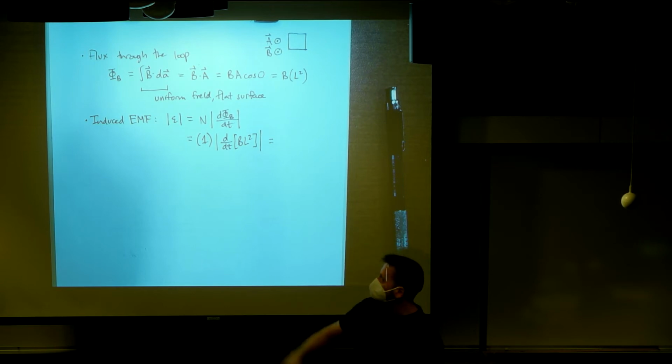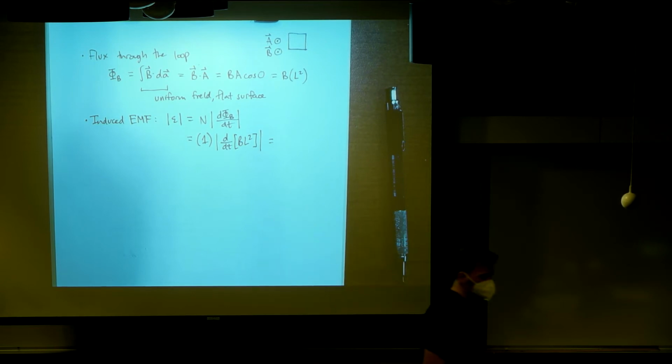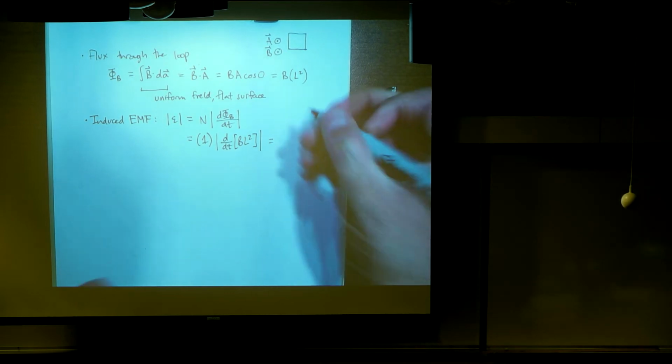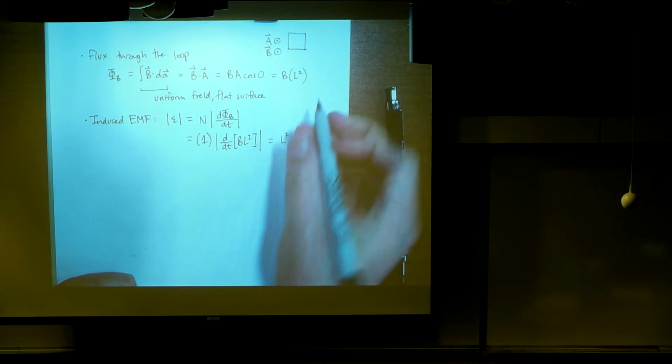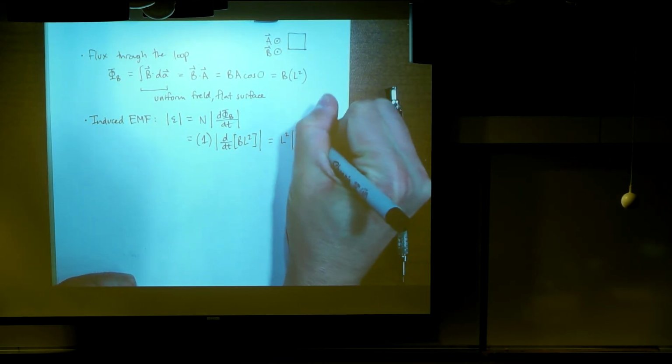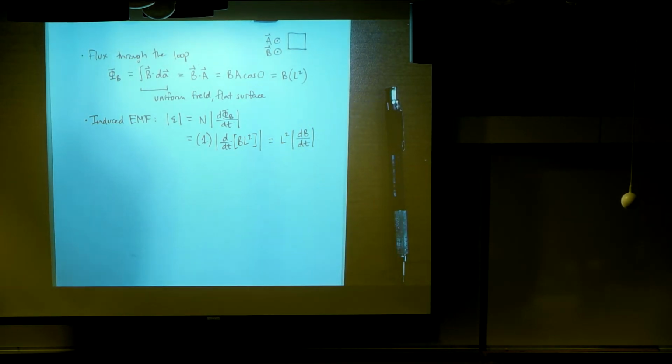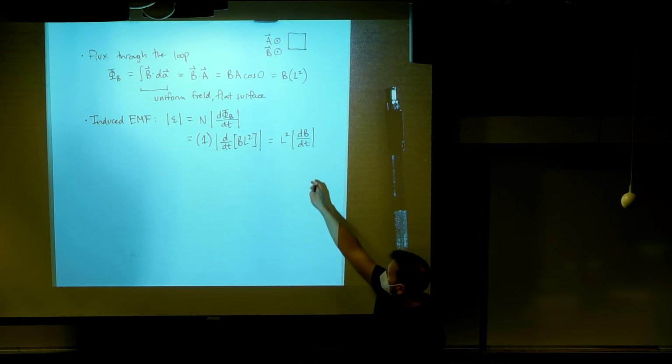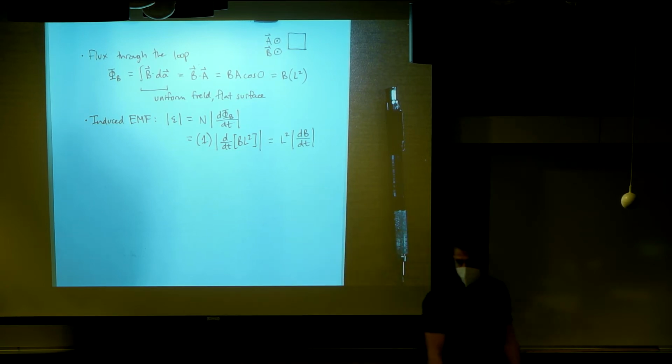B is decidedly something that's changing, so what we have is L squared as a constant, and then left over dB by dt. So it's B that's changing. This is one of those examples I told you about, right? It's either the area that's changing, or B that's changing, or some kind of angle that's changing. This is one of those examples where B is what's changing, okay?